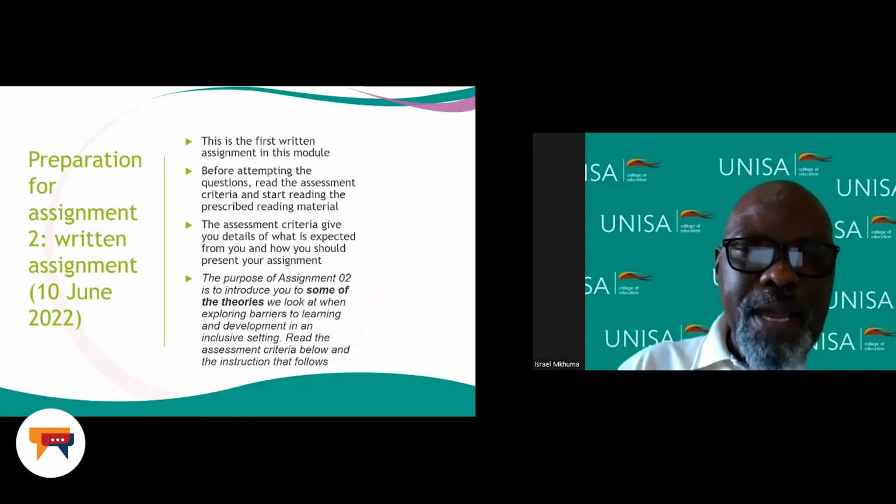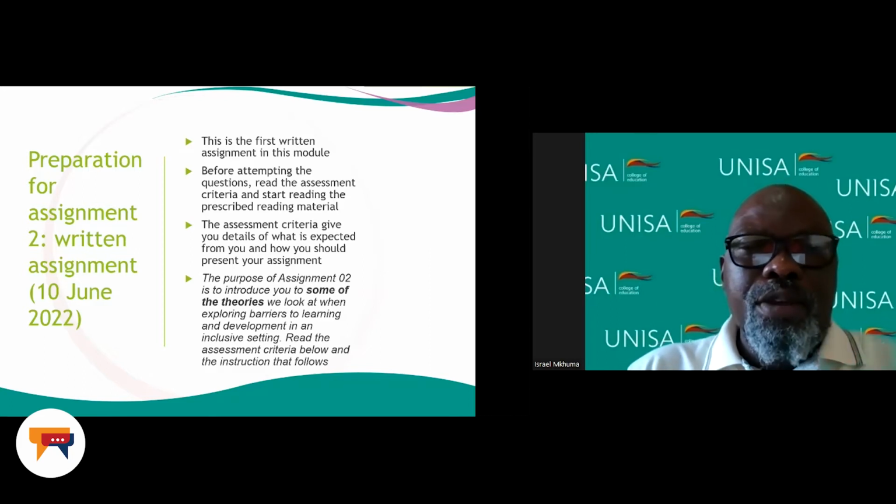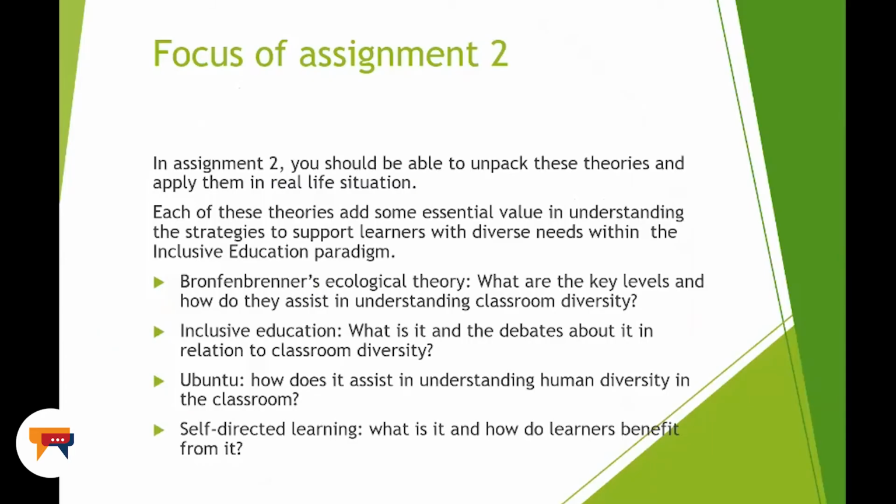So you should expect, from this statement, to be familiar with the theories that we are introducing to you as a student. The focus of assignment 2 is on these theories because they add value in our understanding of strategies that we can adopt to support learners with diverse needs within the inclusive education paradigm.